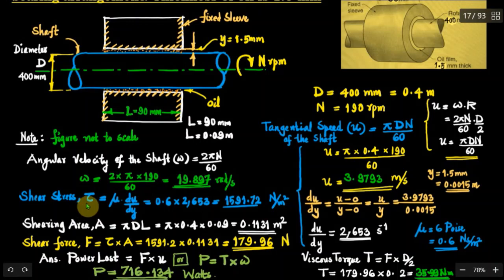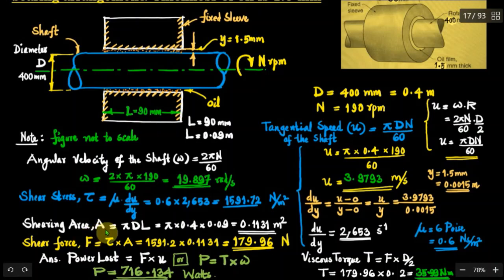We know that the shear stress is equal to shear force divided by area. Therefore, the shear force will be shear stress multiplied by the area. Shearing area A in this case is the surface area of the cylindrical shaft that is in contact with the oil for a sleeve length of 90 mm.